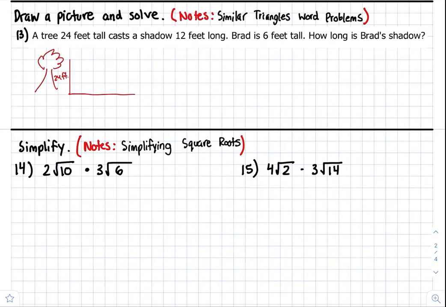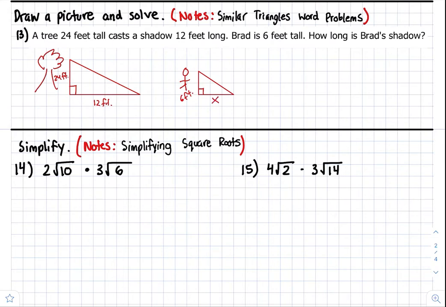It casts a shadow, which is 12 feet long. So there's my triangle. Brad is 6 feet tall. How long is his shadow? So you're solving for this, his shadow.